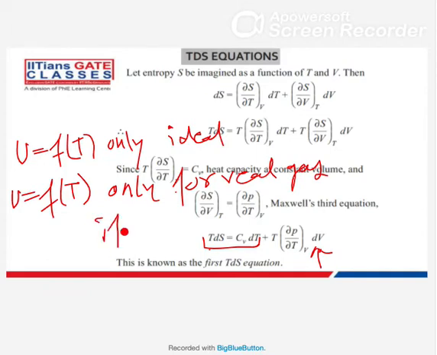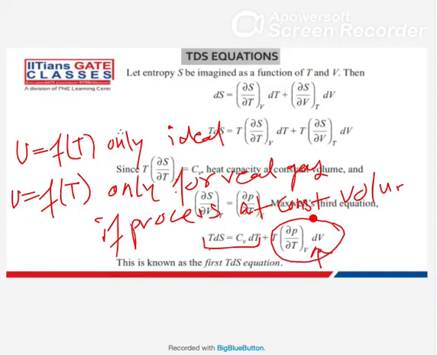internal energy is a function of temperature only if the process is isochoric, or at constant volume. If the process is at constant volume, then this term will become 0 because dV will become 0, and then only you can write TdS equals CV dT.